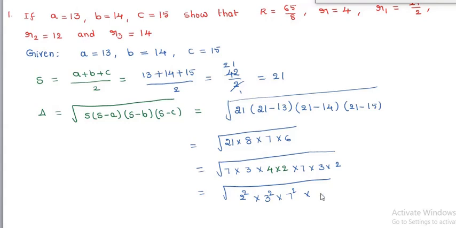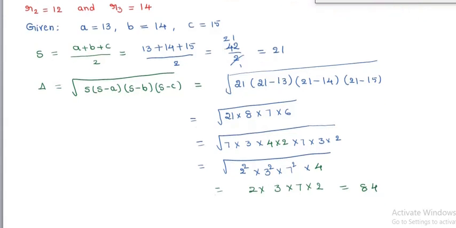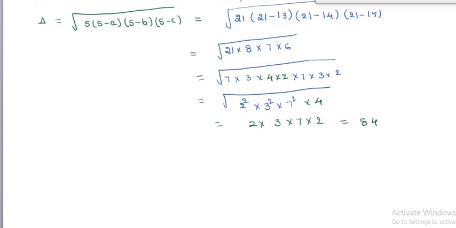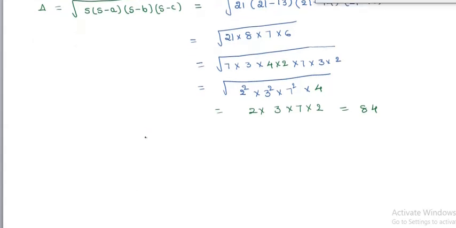The root of 4 is 2. So 2 into 3 into 7 into 2. 2 threes are 6, 6 sevens are 42, 42 twos are 84. So that is the delta value. Delta is equal to 84.